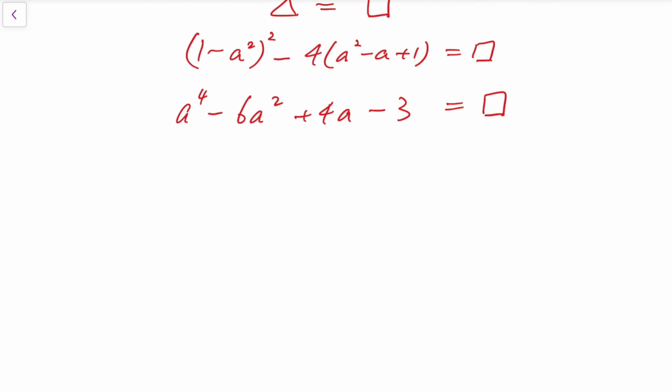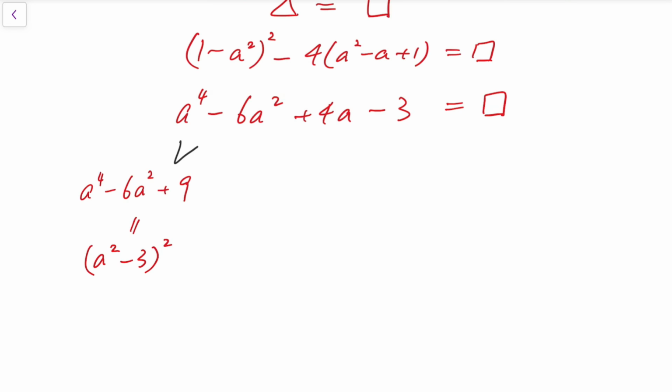So we have to try to find positive integers a such that this quartic is a perfect square. Now, this expression is very close to some perfect square, which is a to the power 4 minus 6a squared plus 9. Very close to it.